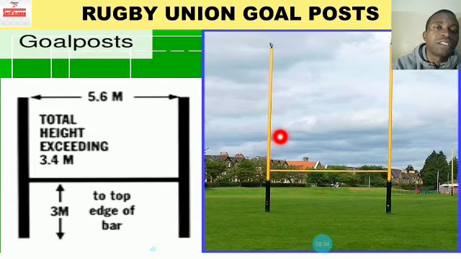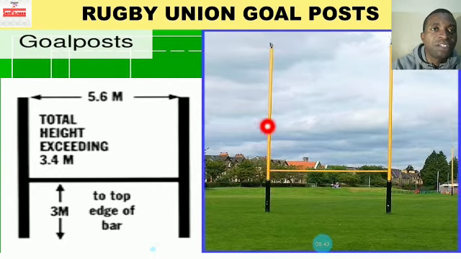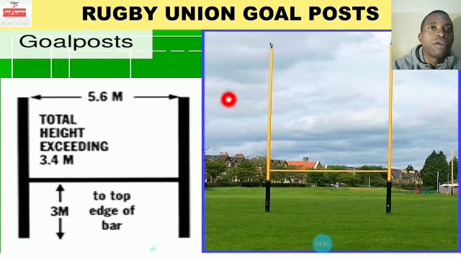So it can be 3.4 meters, 3.5, 3.6, 3.7, and can go up to 16 meters. Then from one post to another post, the distance is 5.6 meters. So these are the specifications of the rugby union goal post.